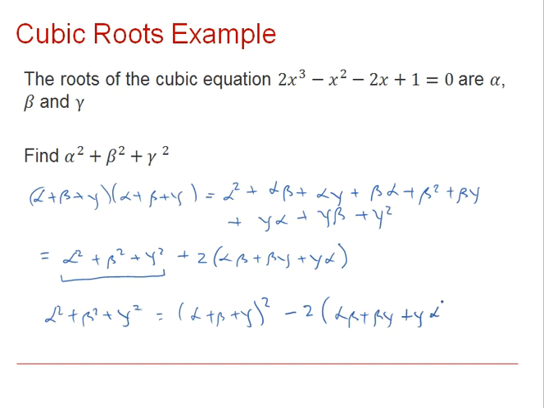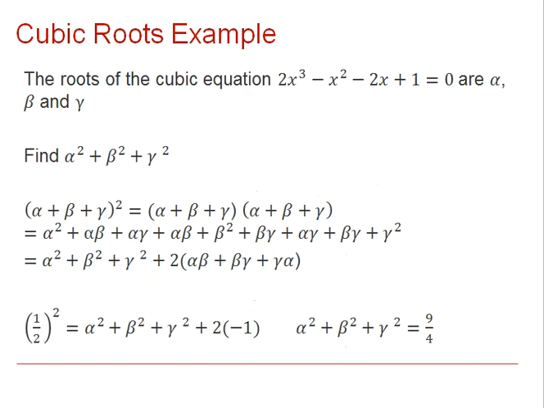And that's a really useful result for us because we know what the values of alpha plus beta plus gamma and these pairwise products are. So from the previous slide, we know that this has a value of a half and that this has a value of minus 1, which gives us the result that alpha squared plus beta squared plus gamma squared equals 9/4.